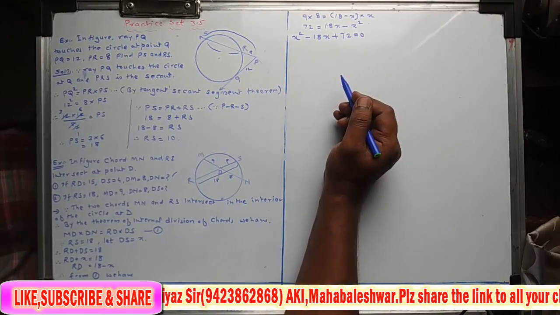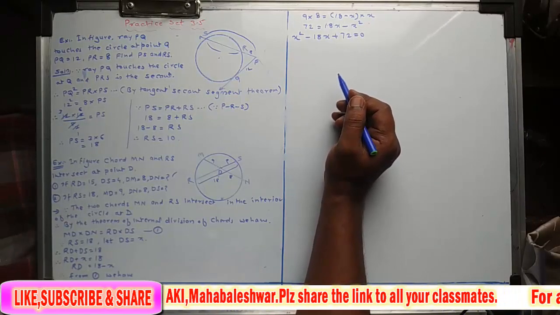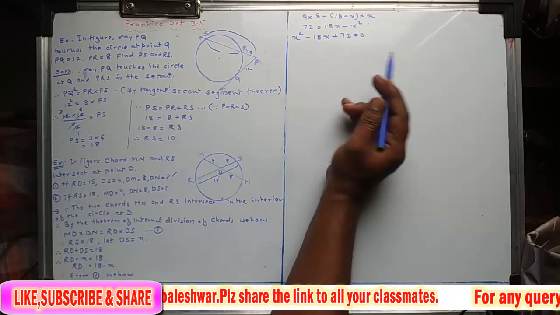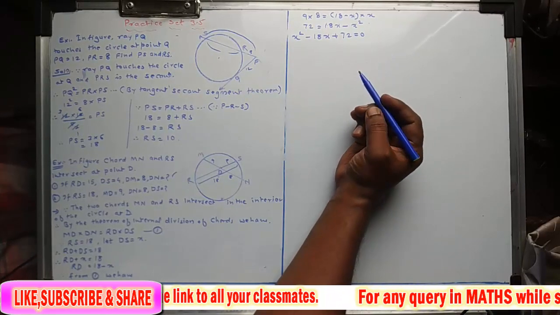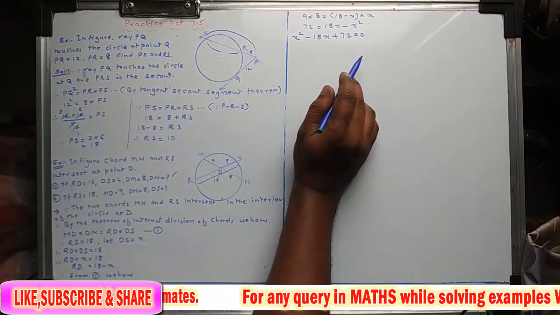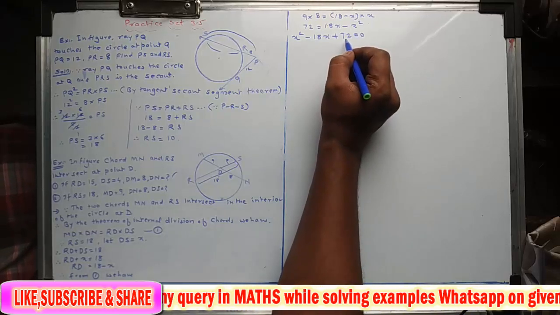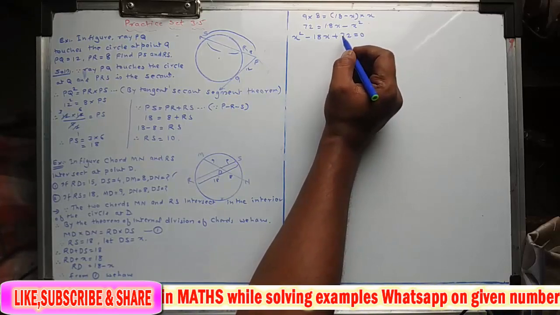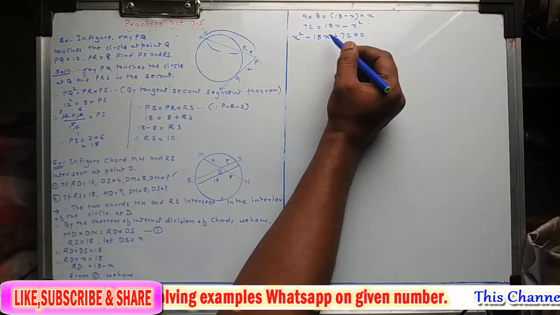Okay, which is a quadratic equation, and we have studied the methods of solution of a quadratic equation: factorization method, perfect square method, and the third one is the formula method. By any one method you solve this. So by the factorization method we solve it. We have to find the factors of 72 so that their addition should be minus 18.